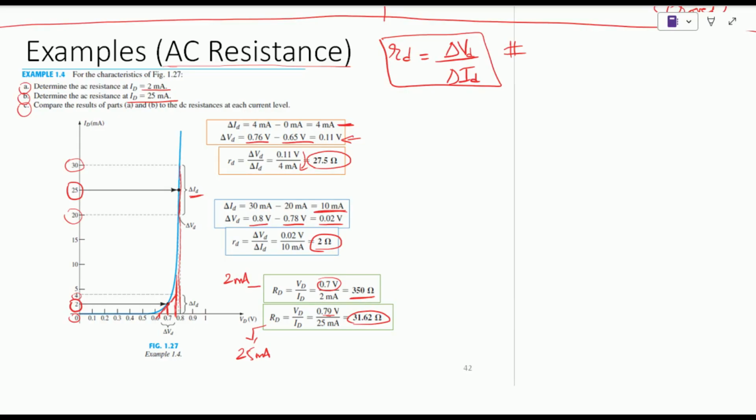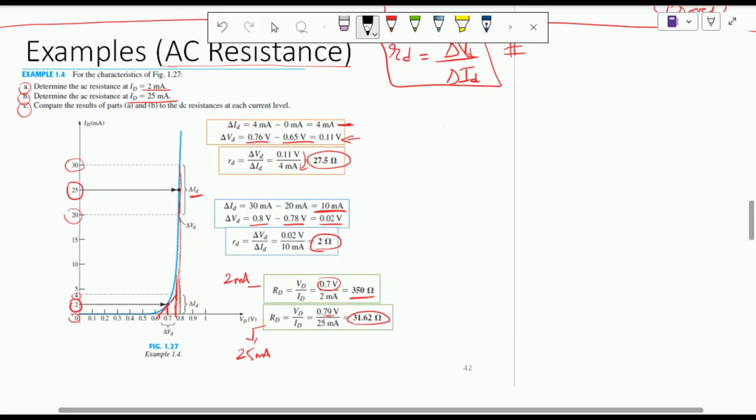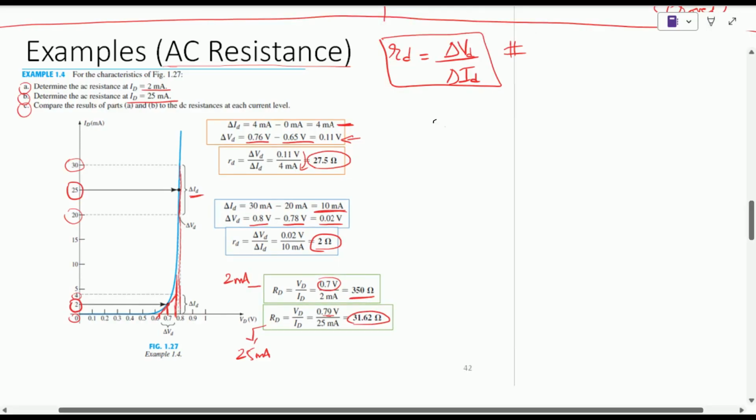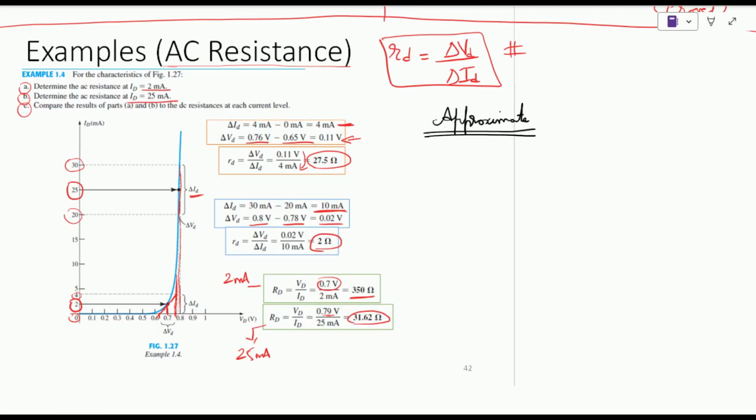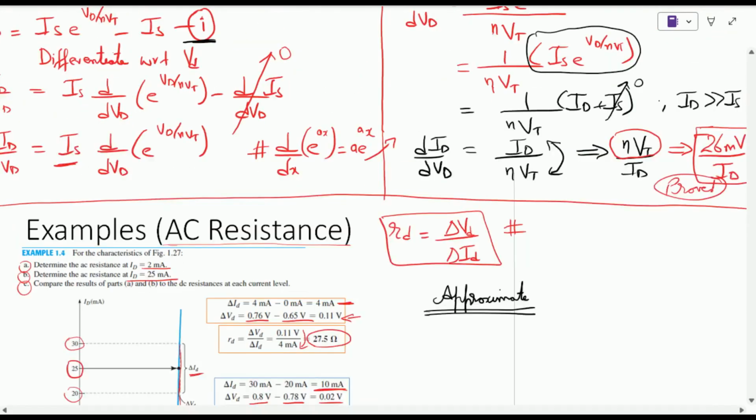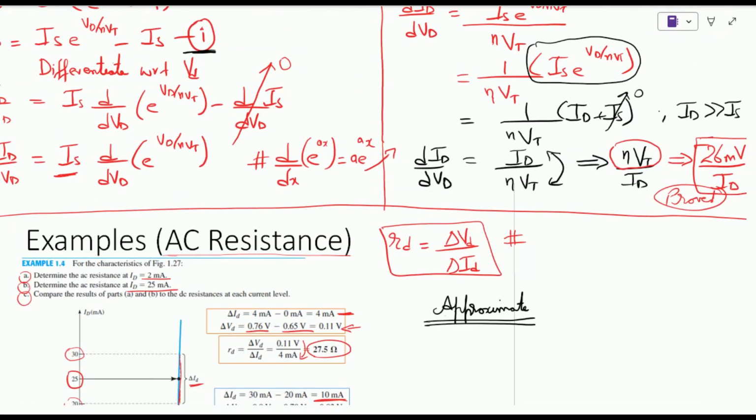Now, how about if we use the second method or the approximate equation and do the numerical again? So let us use the approximate method or the equation of the approximate and find the AC resistance, which means we are going to use this equation over here.